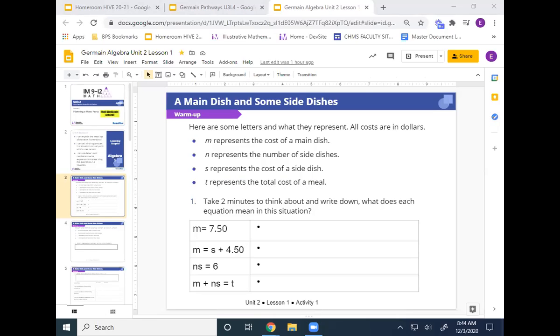Okay, and let's get started. Let's take a look at this. Sorry about that. I just need to grab my paper. Okay. So let's take a look at what this represents here. Each one of these, this one, as Gabe said, a main dish costs $7.50 because M represents the cost of a main dish.